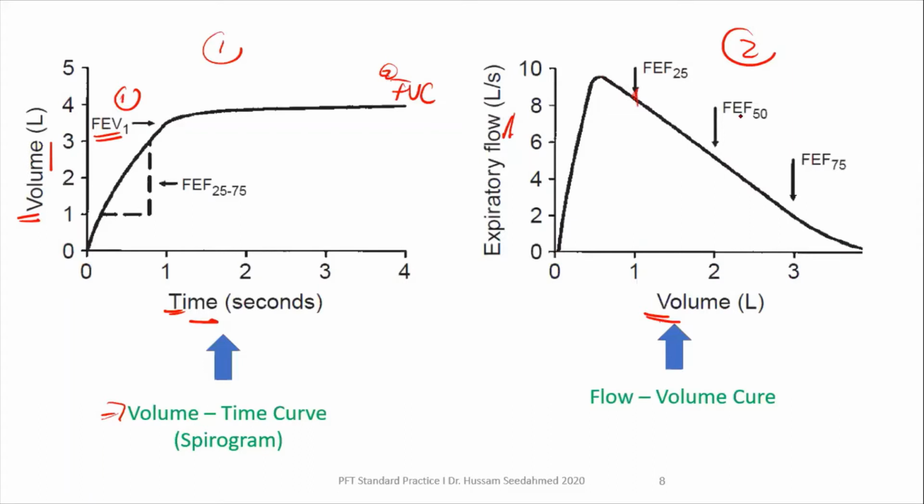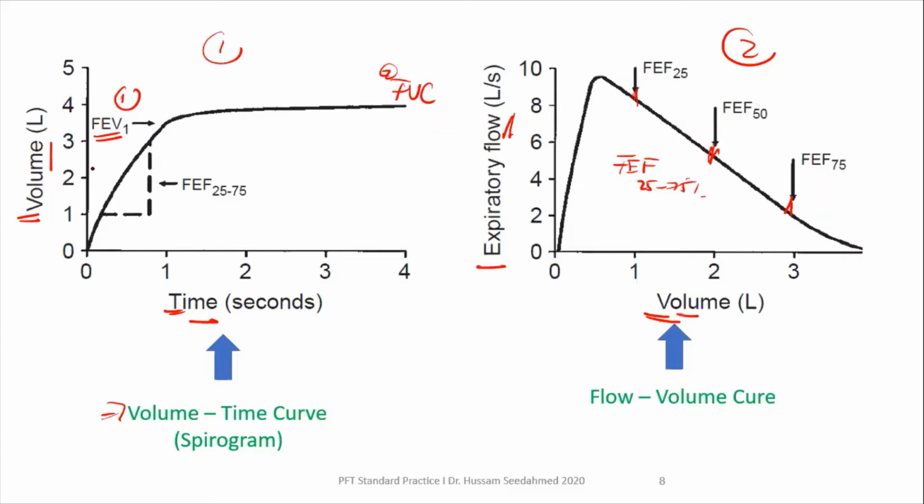This is FEF50 when it is about 50%, and FEF75 when it is about 75%. An average of these we call the forced expiratory flow 25 to 75%. So this is the second curve, known as the flow volume curve.